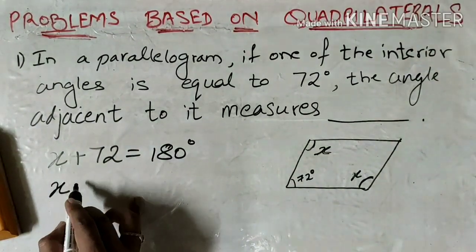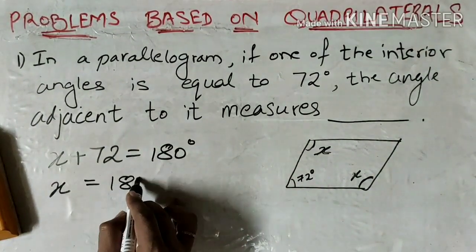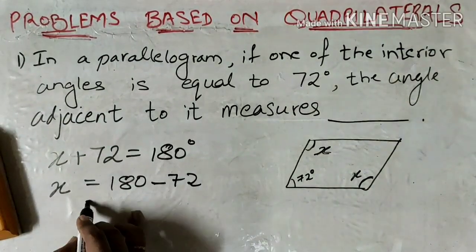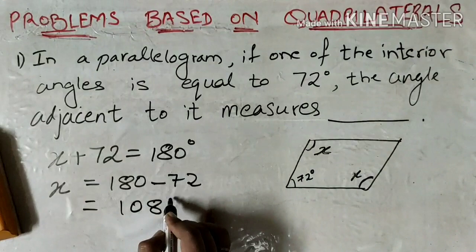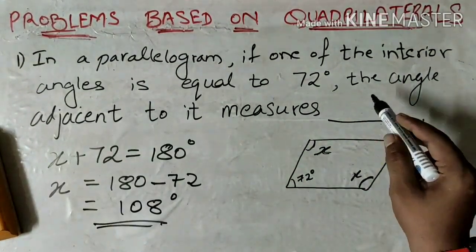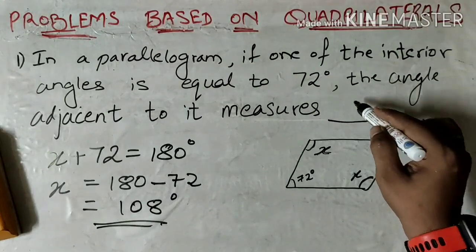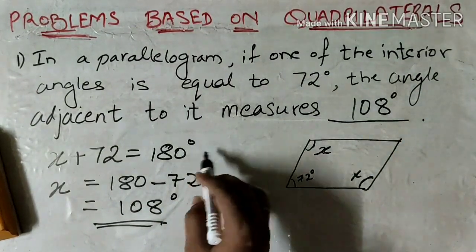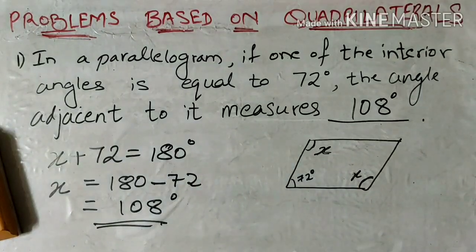Therefore, x is equal to 180 minus 72, that is 108 degrees. So what will be the answer over here? It will be 108 degrees. Over here you can write the reason: the adjacent angles of a parallelogram are supplementary.